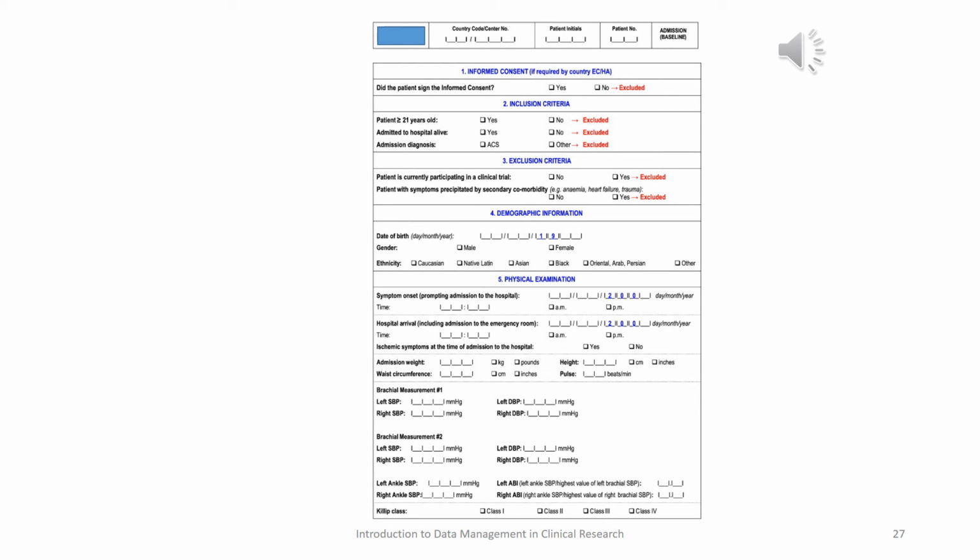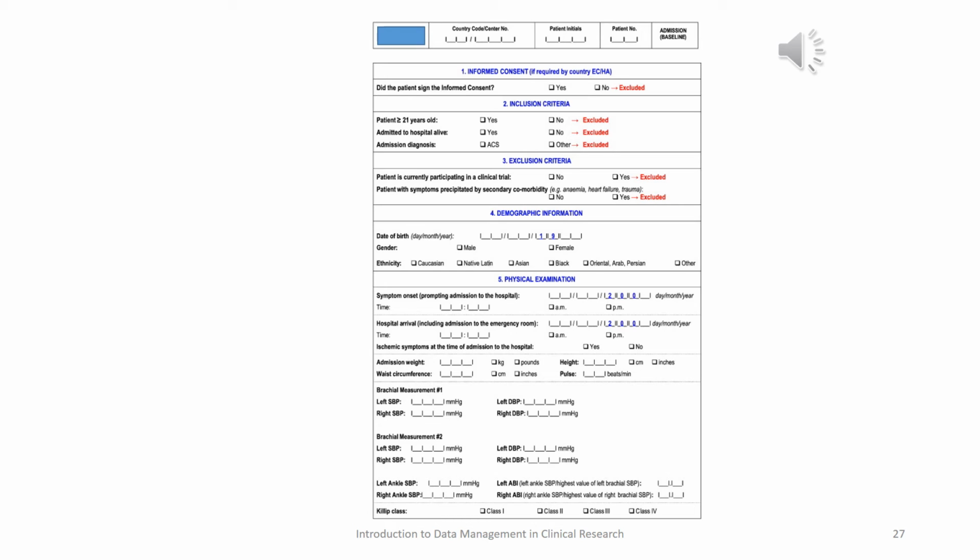So here's an example of a case report form that might exist, and maybe this could be from an electronic data capture study. As you can see across the top, there's information there for a country code or a center number. There's also information for the patient's initials and also for the patient number.